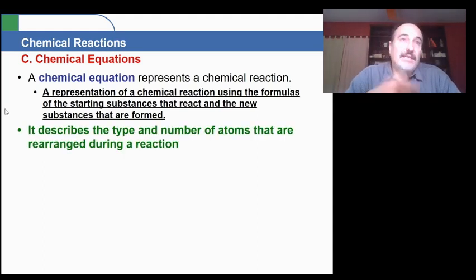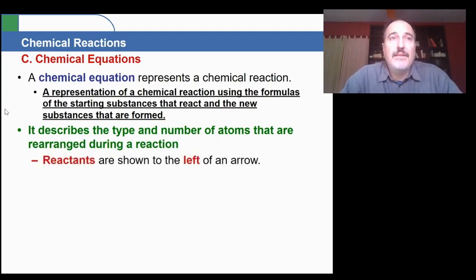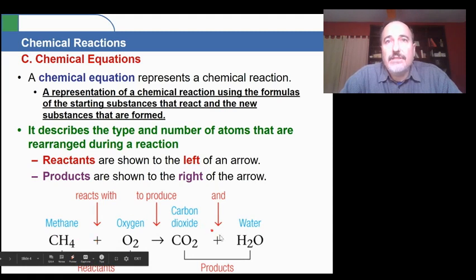Basically, it describes the type and number of atoms that are rearranged during a reaction. Remember, reactants are shown to the left of the arrow, products to the right, and individual reactants are separated with a plus sign, just like individual products.